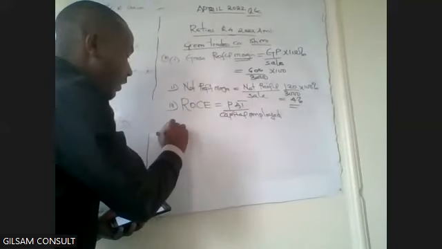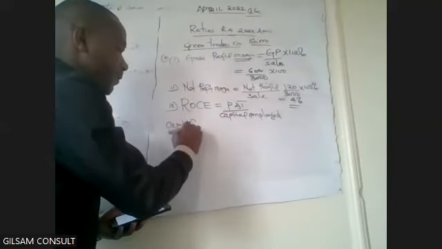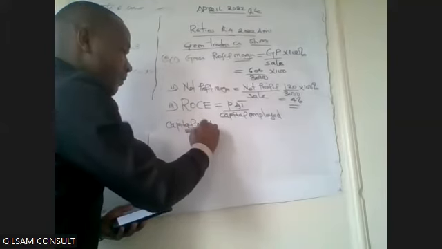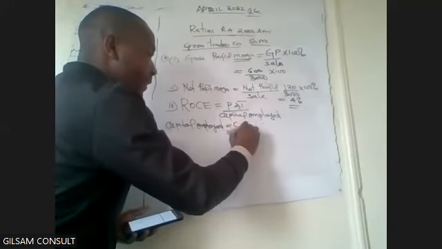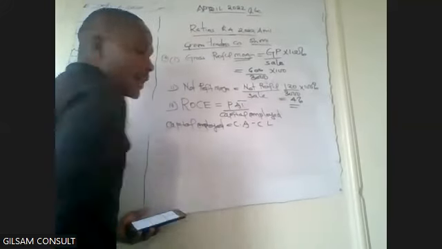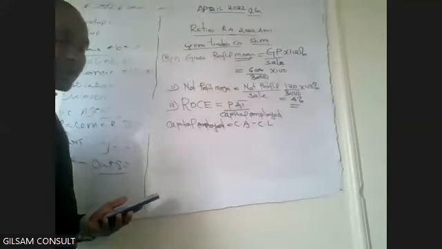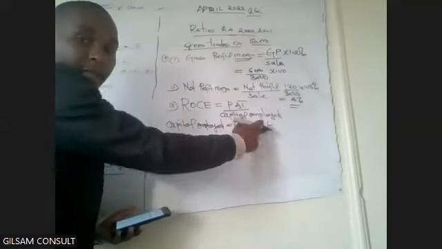How do you get capital employed? You take current assets minus current liabilities.